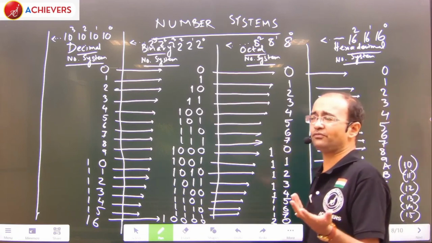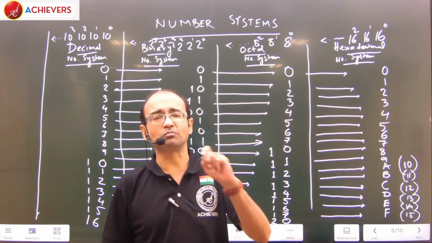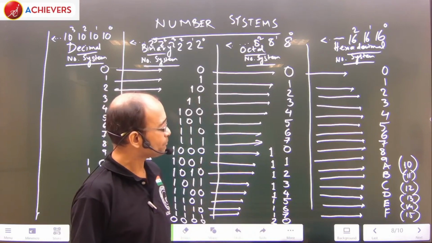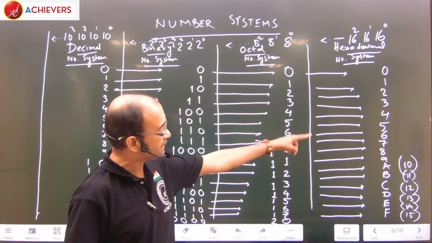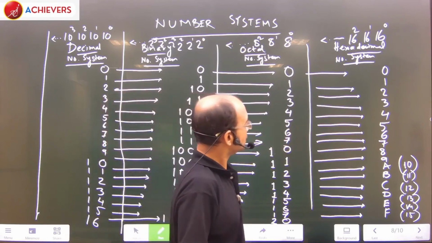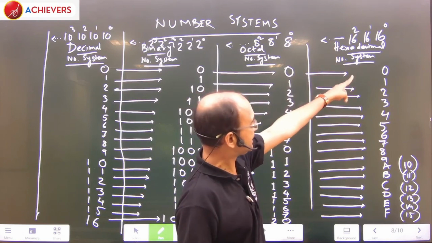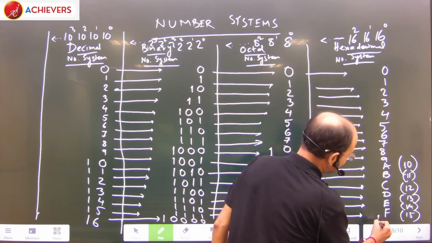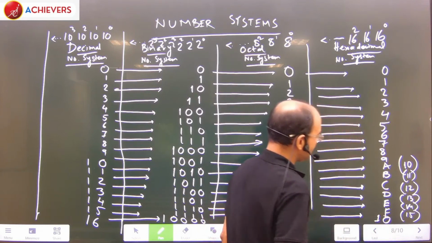We represent 10 to 15 as capital A to capital F. In some books, you will find small a to small f provided for hexadecimal values. It's okay, but we will try to represent them in capital letters, capital A to capital F. So 16 obviously will be represented as 10 in the hexadecimal number system. Why 10?